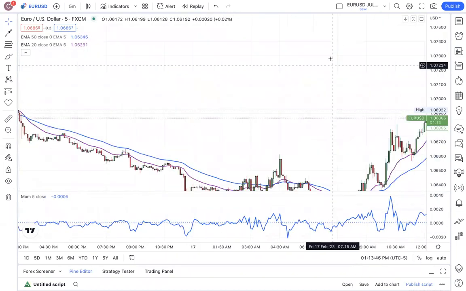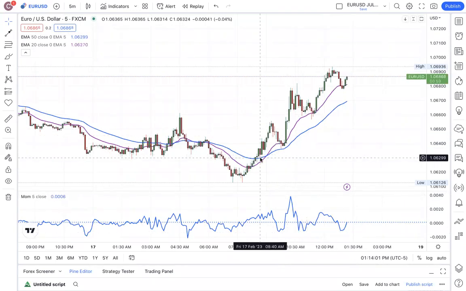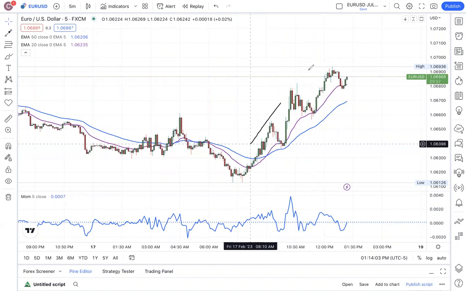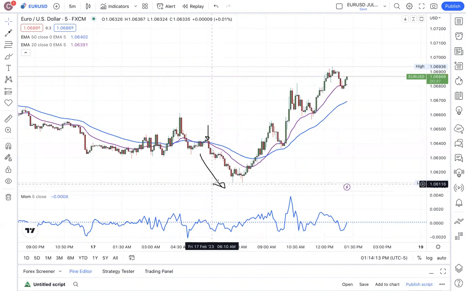So if you find the candles above both of your trend lines, as in the case here, you will have more opportunities to buy, or you should focus on buy opportunities. We see candles above the EMAs, we see price going up, right? And vice versa. If you see candles below both of the EMAs, this is letting you know that price is below average and you should probably focus on sell opportunities.